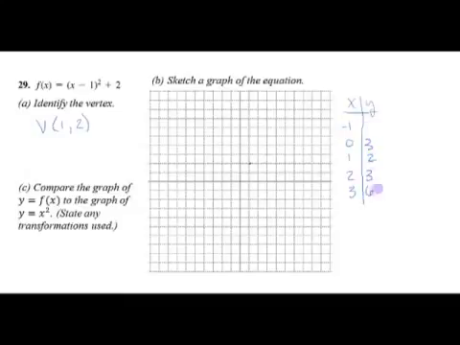And let's hope that this next one is 6. A negative 1 minus 1 is negative 2. Squared is positive 4. Plus 2 is 6. So I have negative 1, 6, and 0, 3, 1, 2, 2, 3, 3, 6.